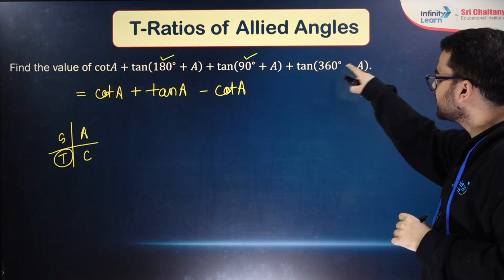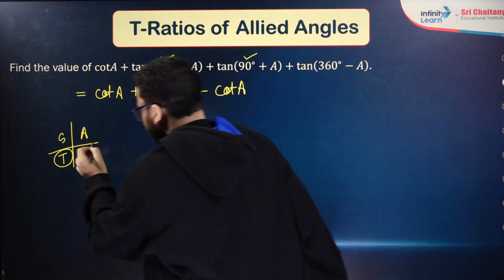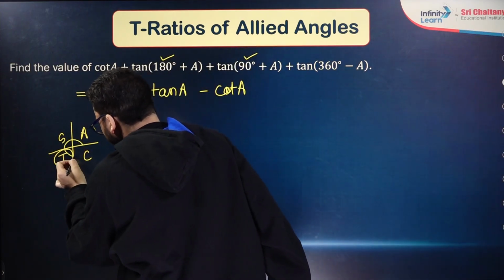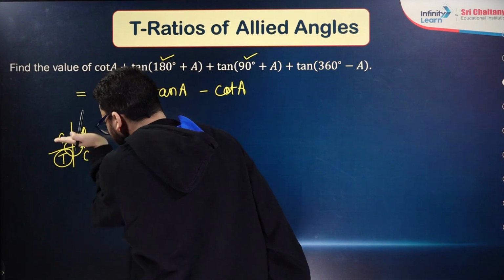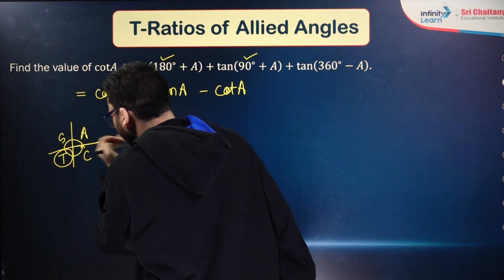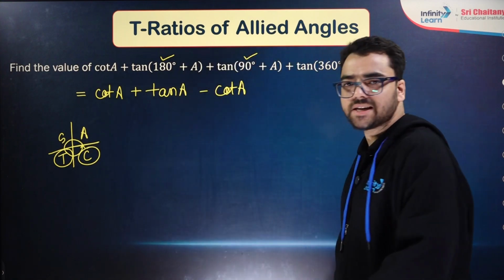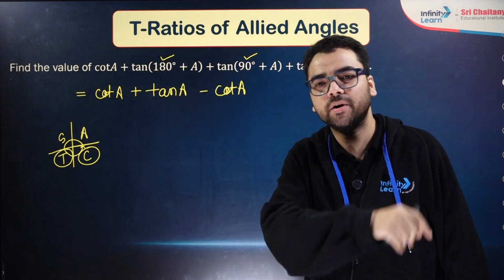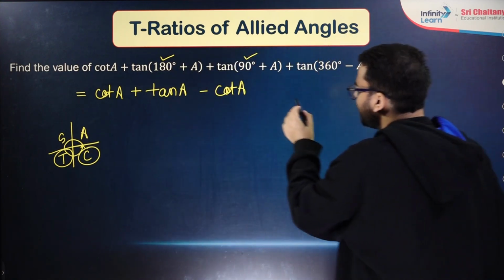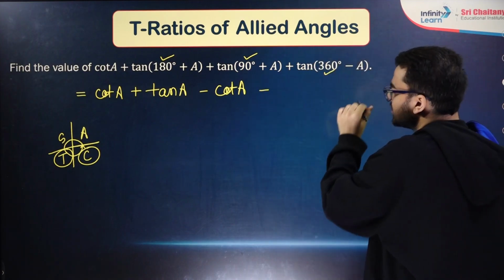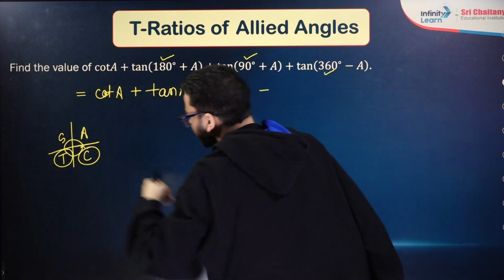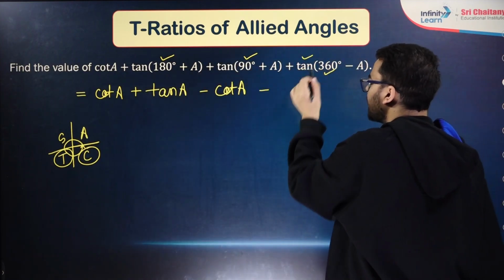Now over here, 360 minus A. So you see this is 0, 180, 270, 360. 360 minus A. You are in the fourth quadrant. In the fourth quadrant, C for cos and its reciprocal sec will be positive and all other trigonometric ratios will be negative. So that will be negative only. And when the reference is horizontal, that is 360, right? So the same trigonometric ratio will be there.